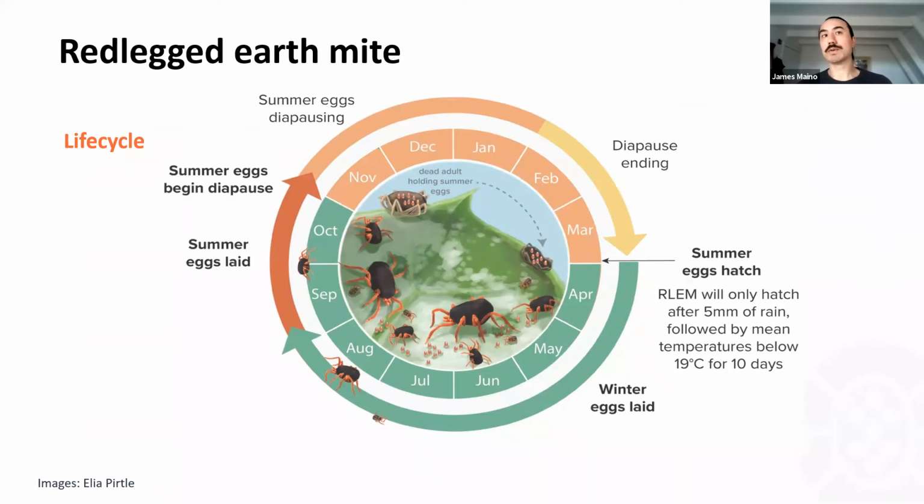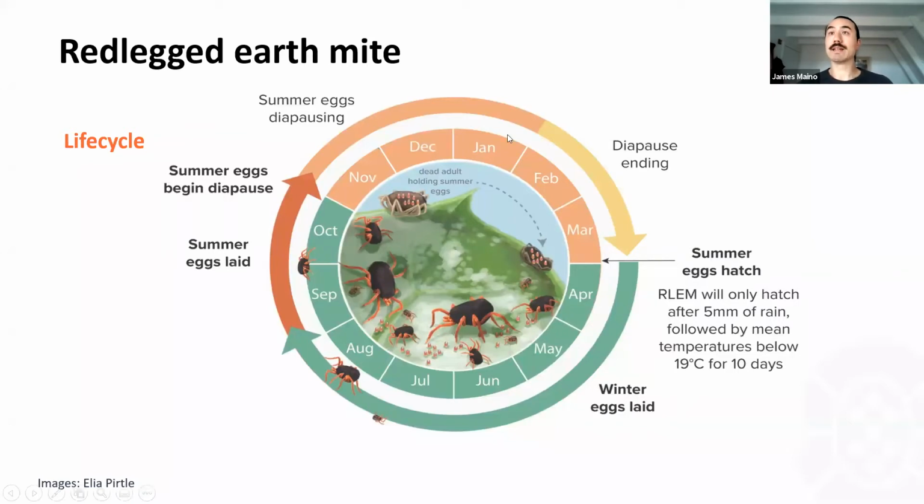They go into diapause through special eggs that they make in the lead up to summer that are different from the eggs they produce in winter. And then these diapause eggs hatch in autumn, as you're probably starting to see now in some of the regions.